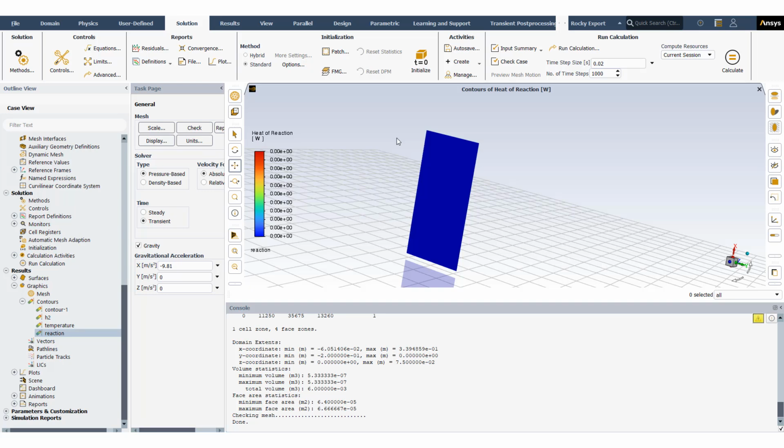Once the simulation is set up, you can save the case file. I would also do some initialization on my own side.